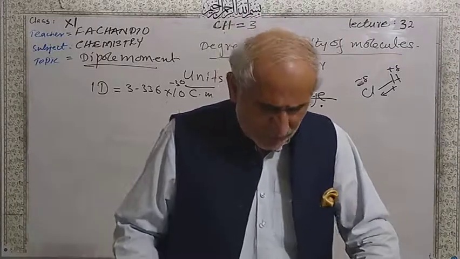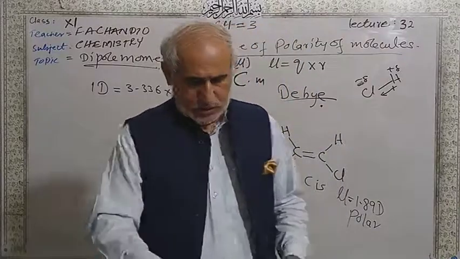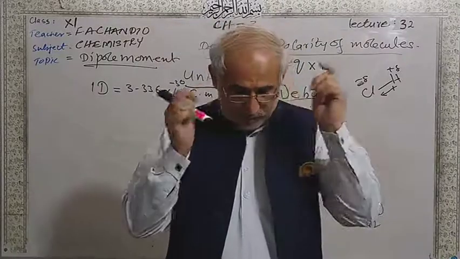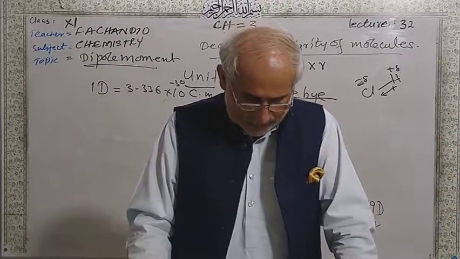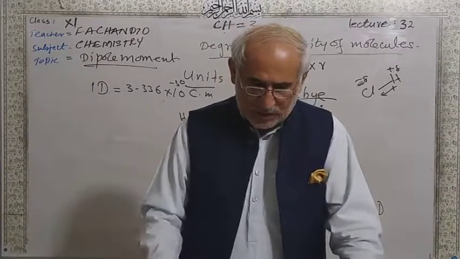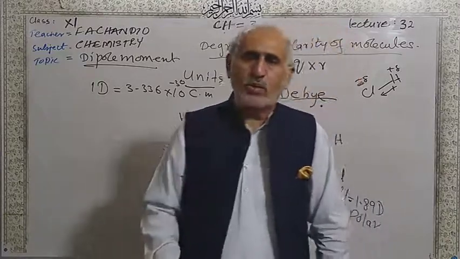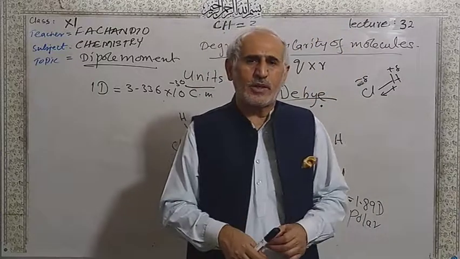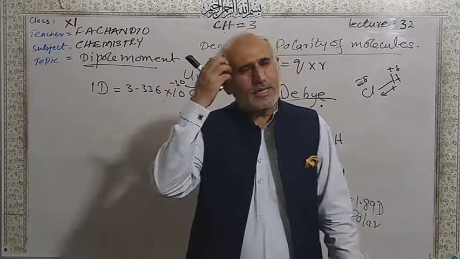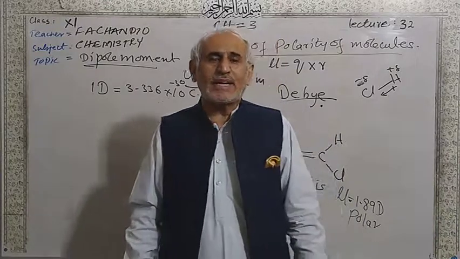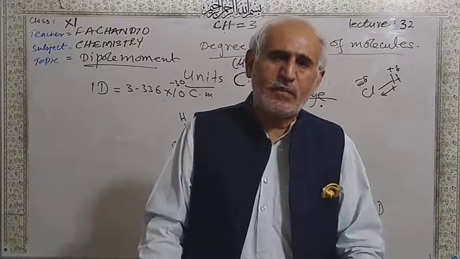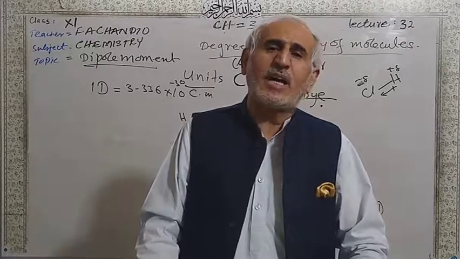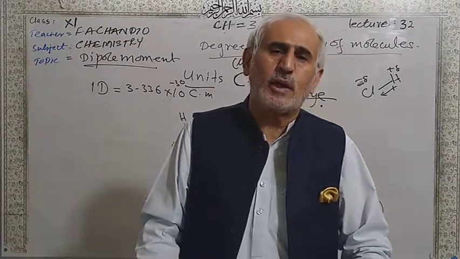This is another thing for stereochemistry. I told you cis and trans. Then I told you that in covalent compounds there are partial positive and partial negative charges, and we've done the ionic character of the covalent bond in the previous section. Now in this section we will calculate the percentage of ionic character of covalent compounds.